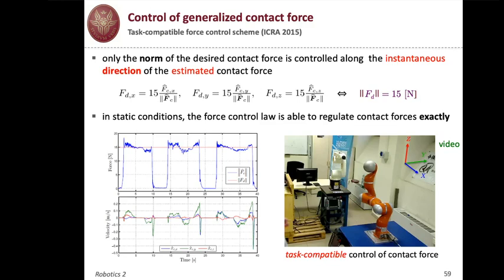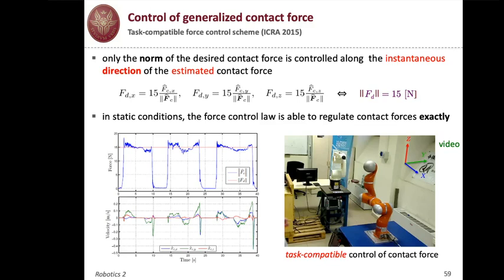And here you see the plots of the experiment, where the force is always being regulated in norm to that 50 Newton value, but in fact the direction changes depending on where you're pushing and in which direction you're pushing.